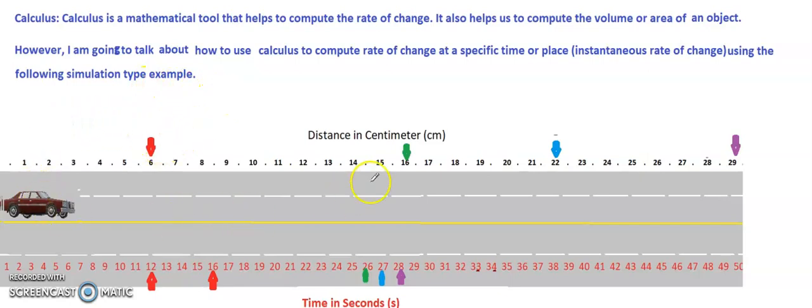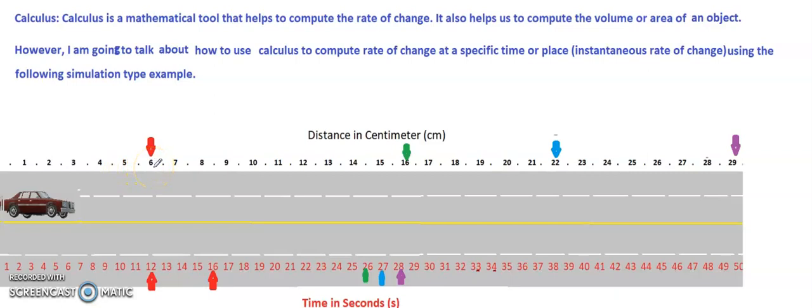As you see over here, I have a rod that is about 29 centimeter long, and also there is a time at the bottom in seconds from 0 all the way to 50 seconds. Now my goal is I'm gonna move this car at a constant speed from 0 all the way to 6 centimeter with the same speed.